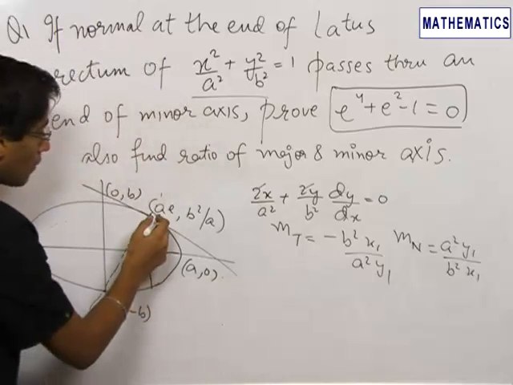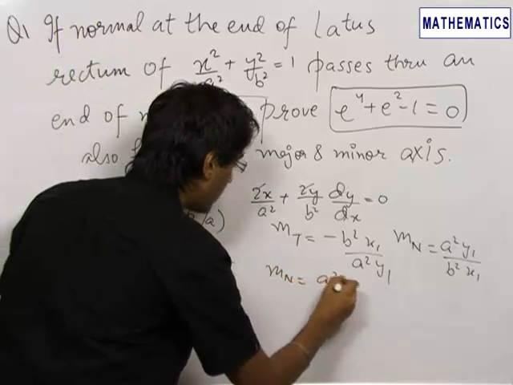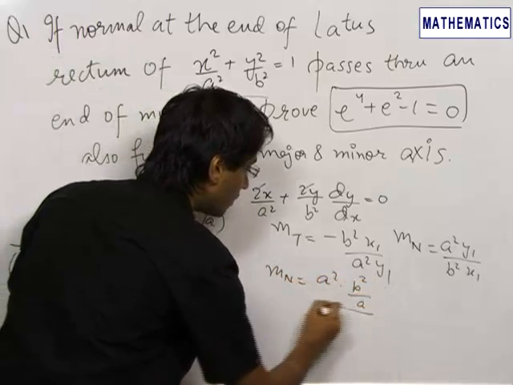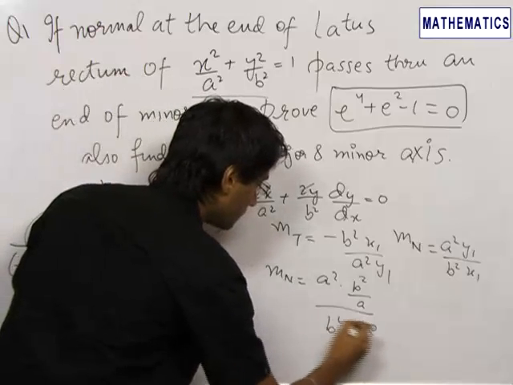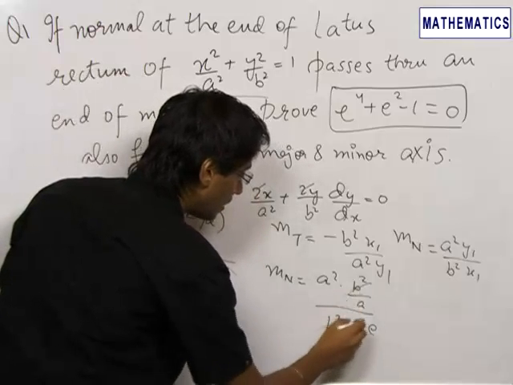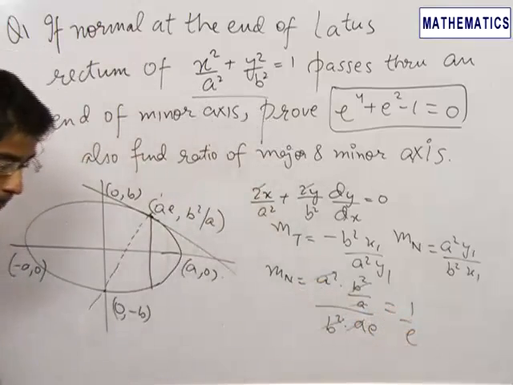On putting x1 comma y1 equal to ae comma b square by a, we get slope of normal equal to a square into b square by a divided by b square into ae. B square cancels, a square cancels, we get the slope of normal to be equal to 1 by e.